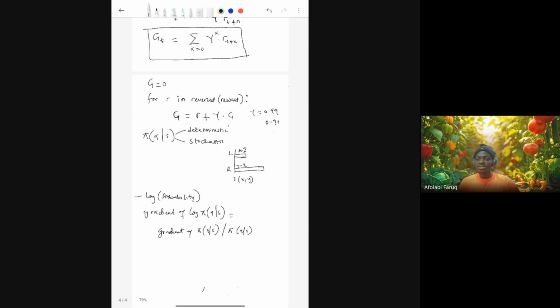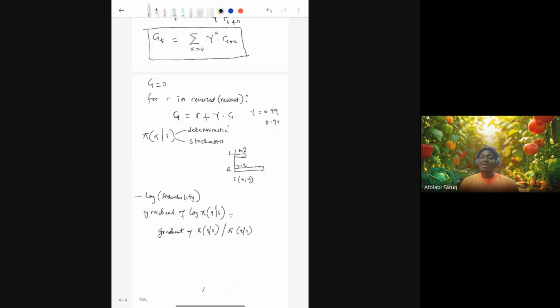I don't know if you get this. This is telling us that the gradient of the log probability of an action given a state is equal to the normalized gradient of the policy. So you are just normalizing the policy.